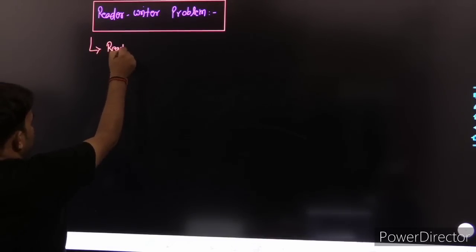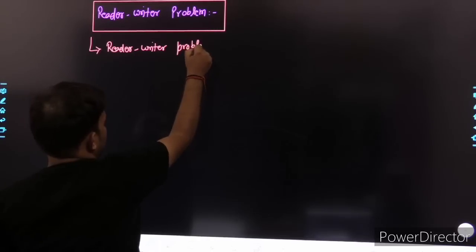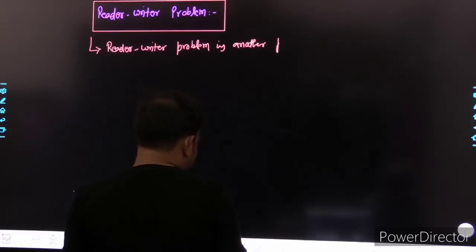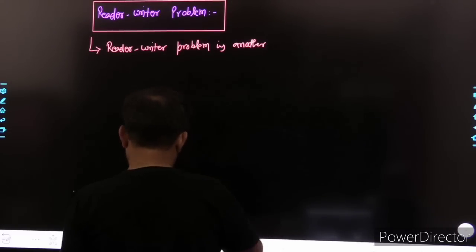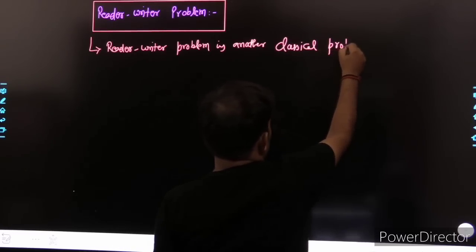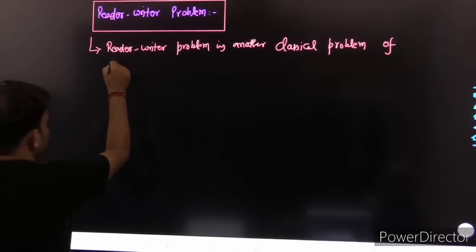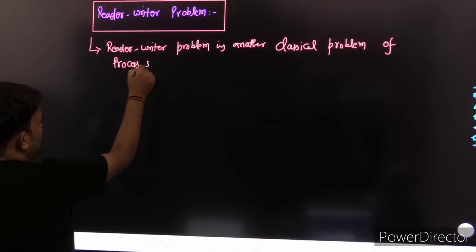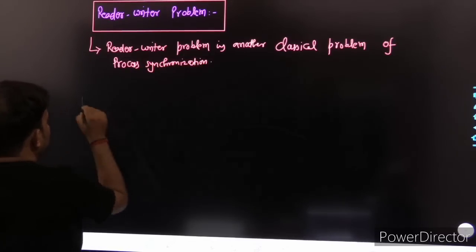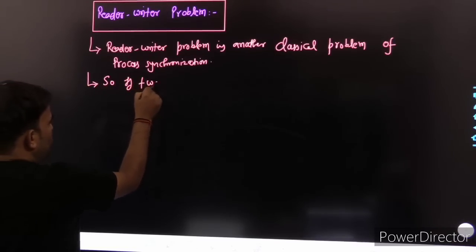Reader-writer problem is another classical problem of process synchronization.